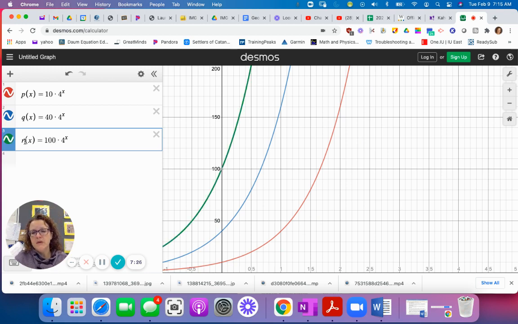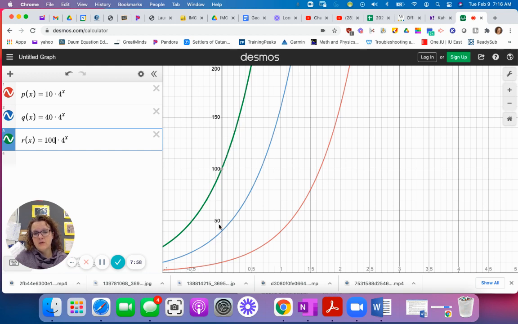Okay, so we're growing at the same rate. Our growth factor is the same, but our initial value is different. The smallest initial value is P of X, which is red. Q of X has an initial value of 40, and R of X has an initial value of 100. So R of X is always going to be the largest function. It's always going to be greater than the other two because we start at a higher amount with the same growth factor.